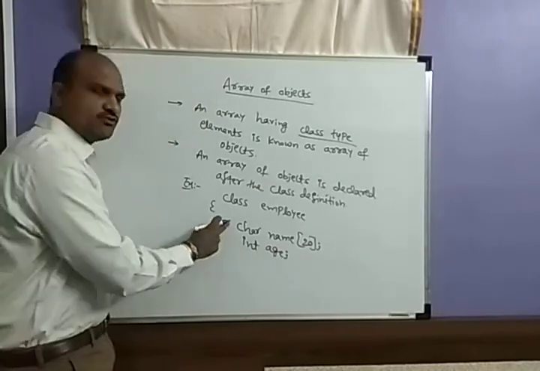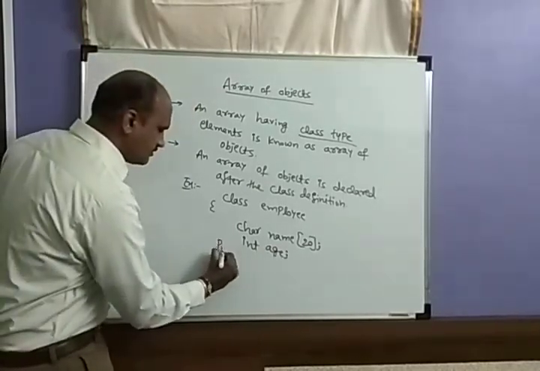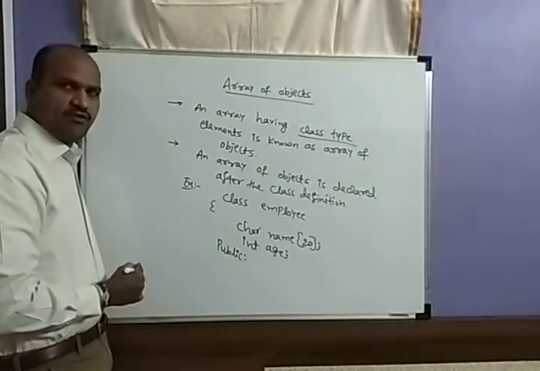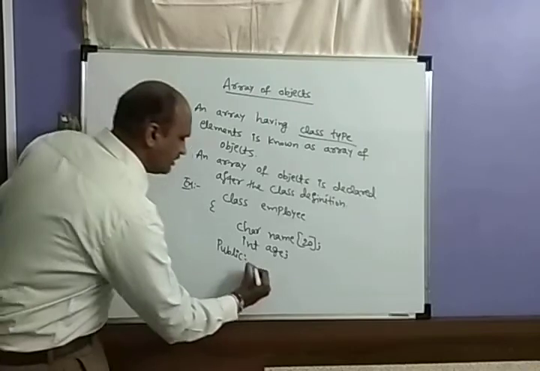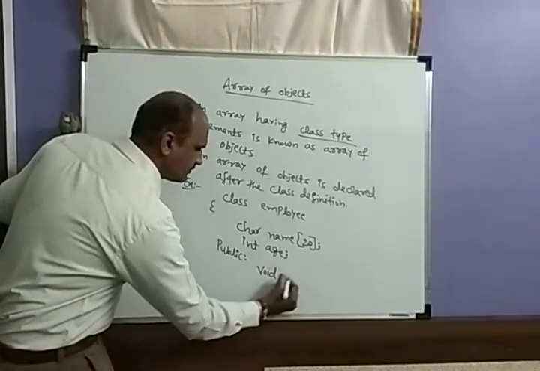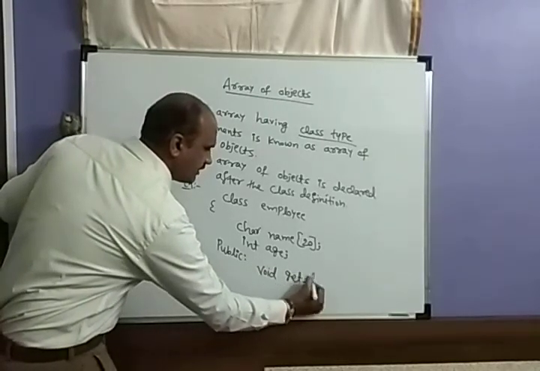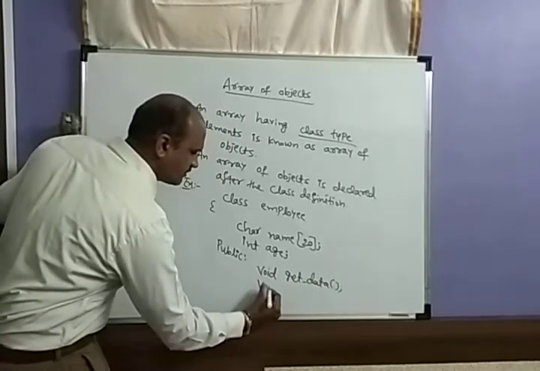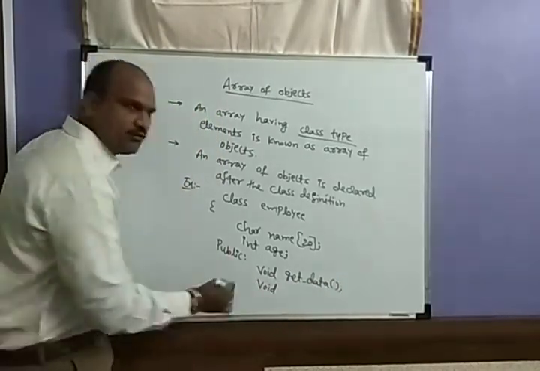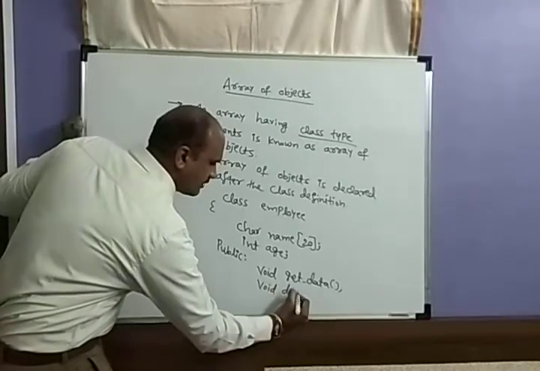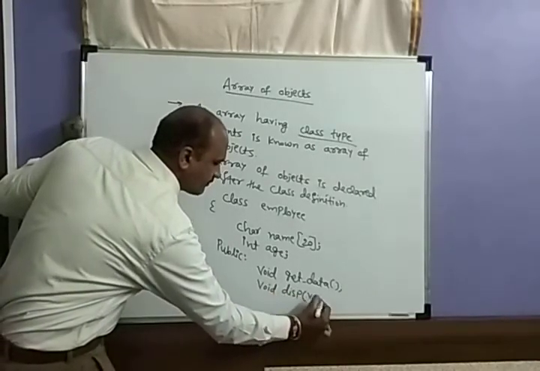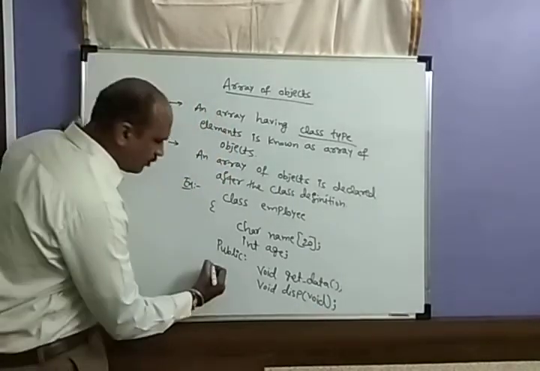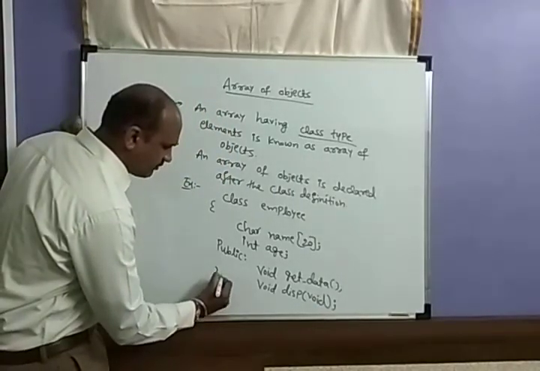Here also we do not define private, so automatically it will take it as private, the default access specifier. Then void get data, one function, another function void disp. Two functions we define, then close the brace and semicolon.